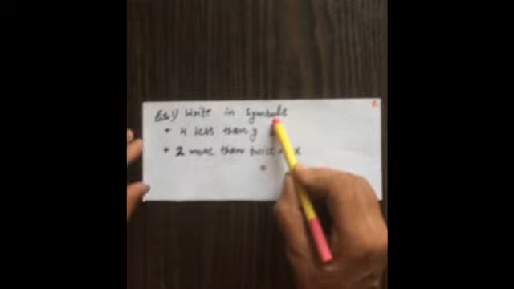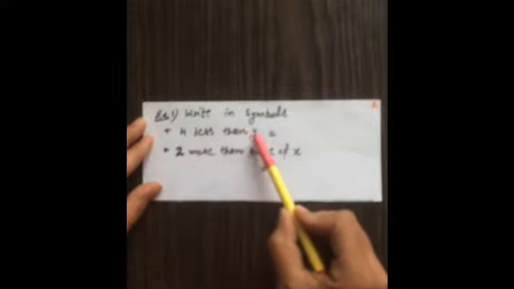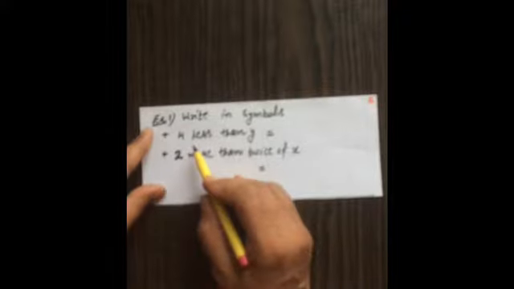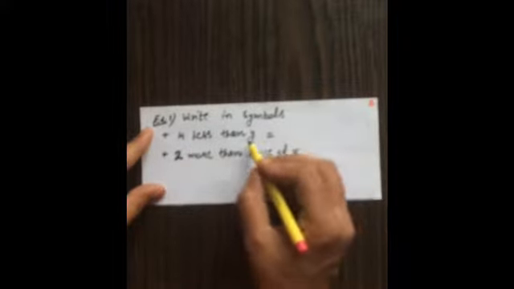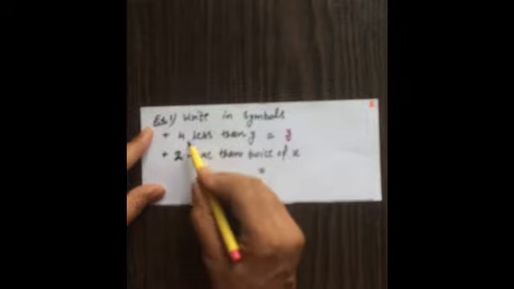We will do these types of problems one by one. First type of problems are like this. We have to write the equation for the following problems. 4 less than y: first we will write y, then 4 less than means subtract 4.